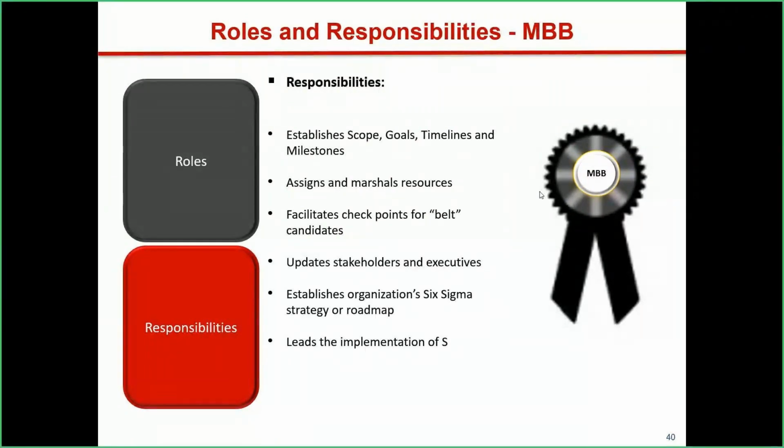Facilitating checkpoints means they can train and assess different belts like White Belt, Green Belt, and Black Belts. They update stakeholders and executives, establish the organization's Six Sigma strategy or roadmap, and lead the implementation of Six Sigma.